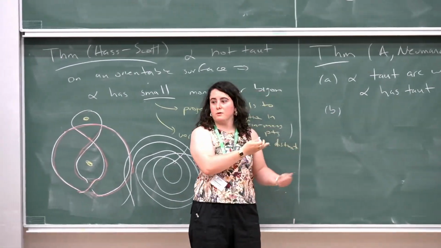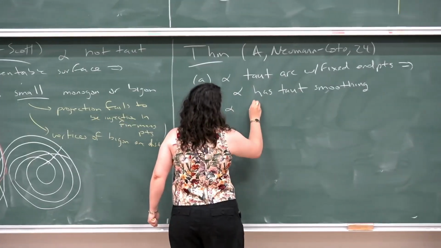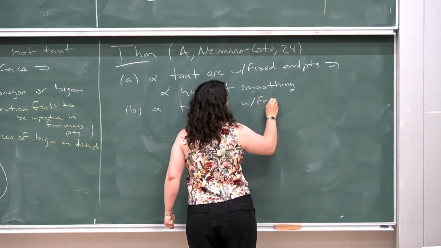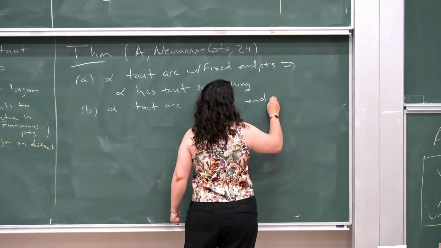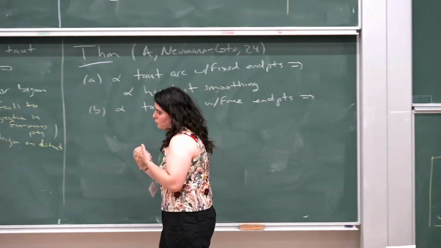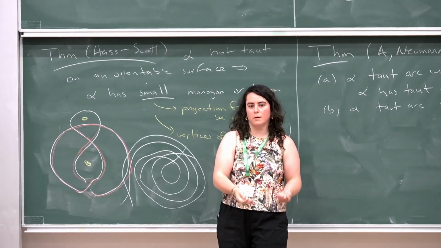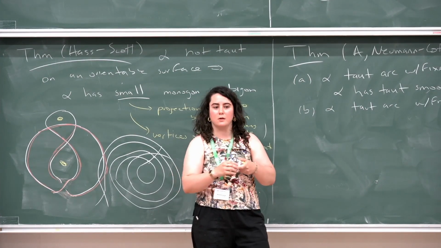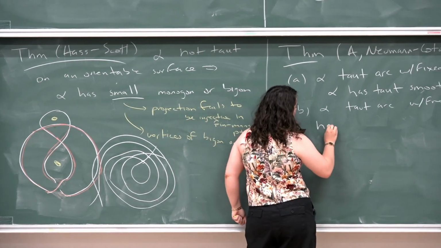B, if we have an arc with free endpoints, then we don't necessarily have a taut smoothing, but we have a smoothing that can only be homotoped to have one intersection less.